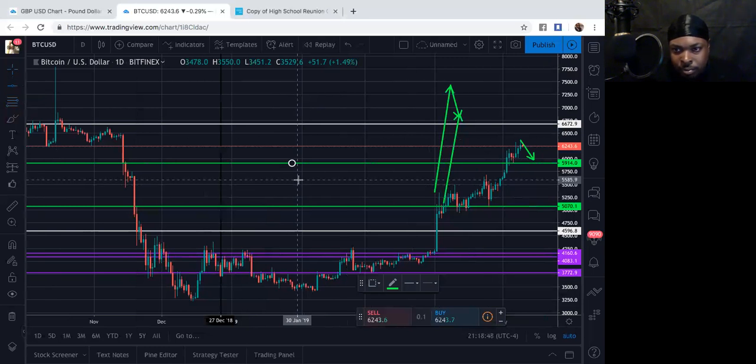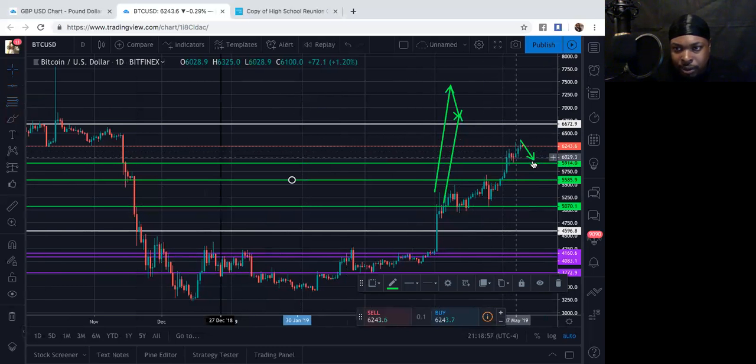Or the one that's already right here. We see a break down, so we could see a retracement, maybe back to the piece here.